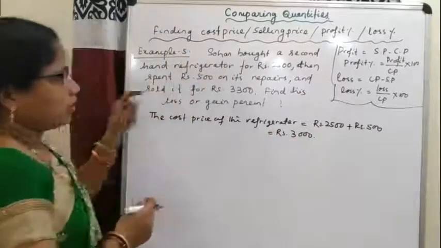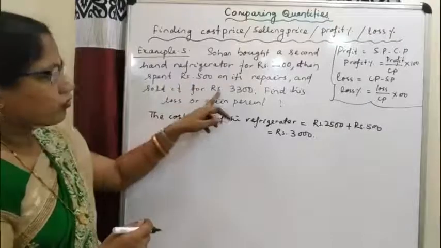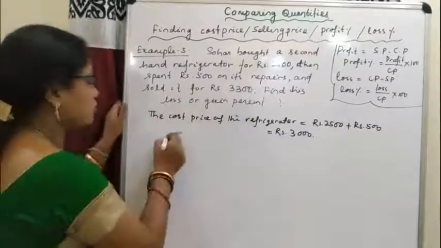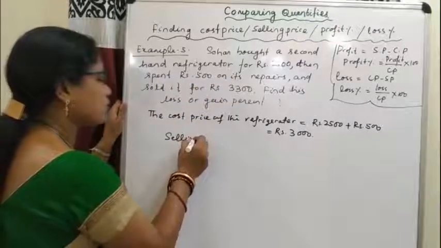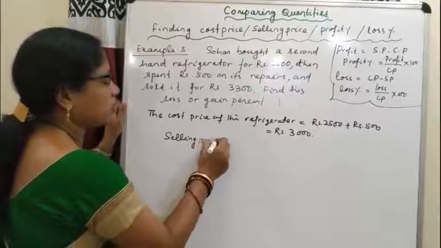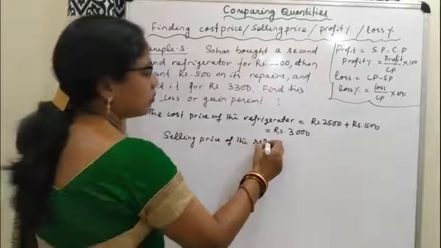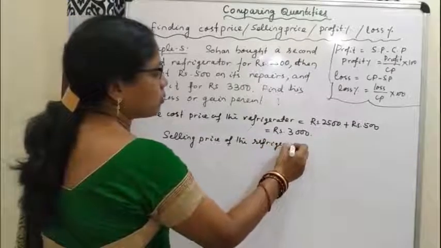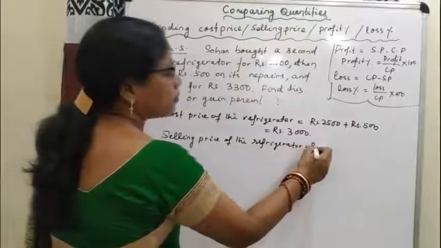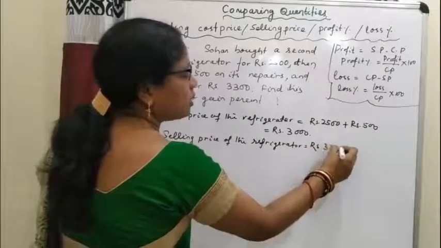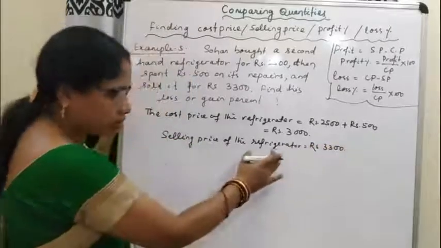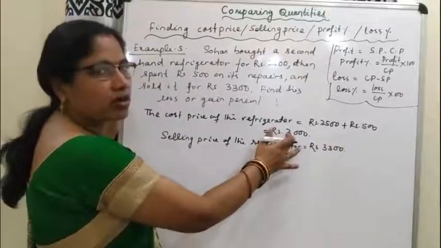Then he sold it for rupees 3300. So the selling price of the refrigerator is rupees 3300. So here the selling price is greater than the cost price.